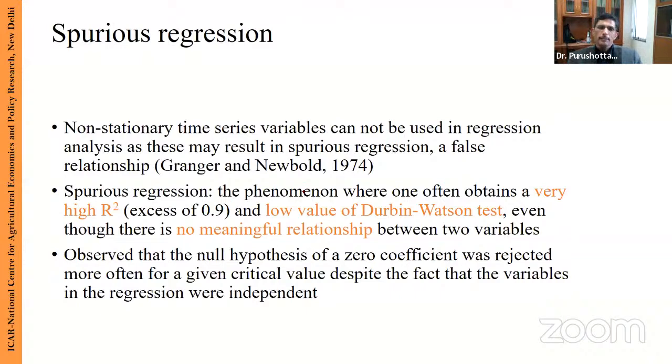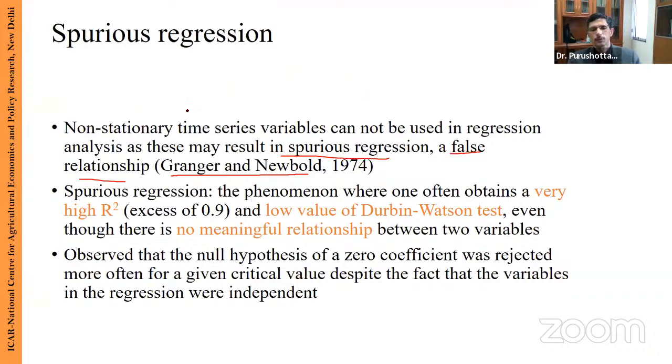A non-stationary time series variable cannot be used in regression analysis, as this may result in spurious regression or a false relationship, as proposed by Granger and Newbold in 1974. In their analysis, they said that for time series variables which are non-stationary, you can't go for regression.